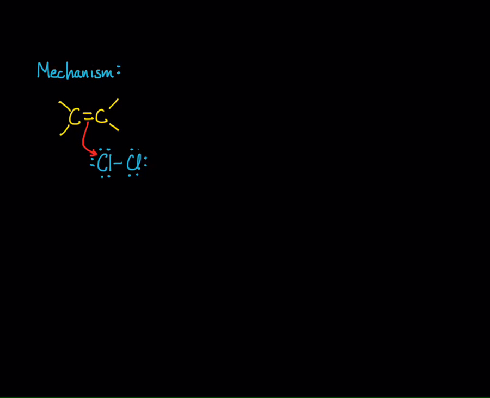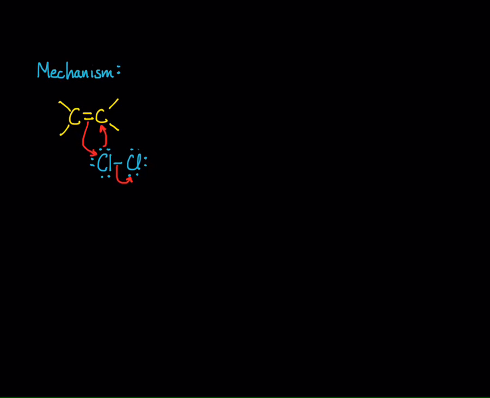But when we're adding a halogen, the halogen has a pair of non-bonding electrons, and we can donate a pair of those electrons to the olefin carbon. The reason for this is that we know carbocations are unstable. So if I have an atom that is in essence an electrophile, but it has a pair of non-bonding electrons, it can help to stabilize through resonance any charge built up on the carbon.